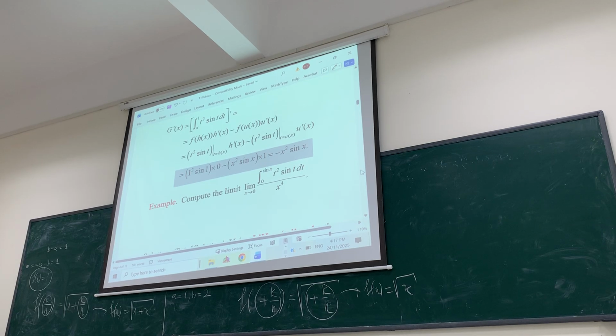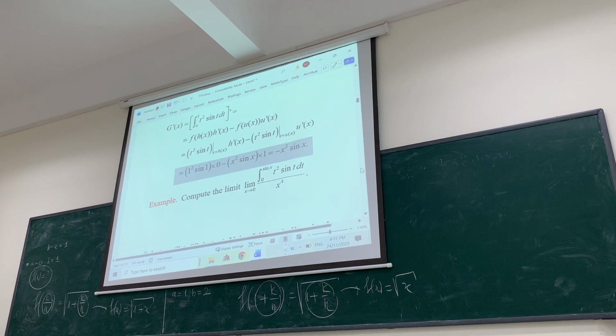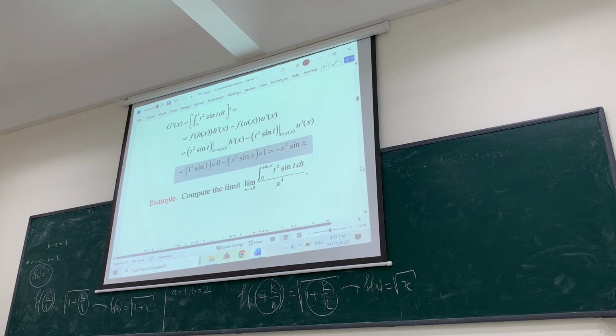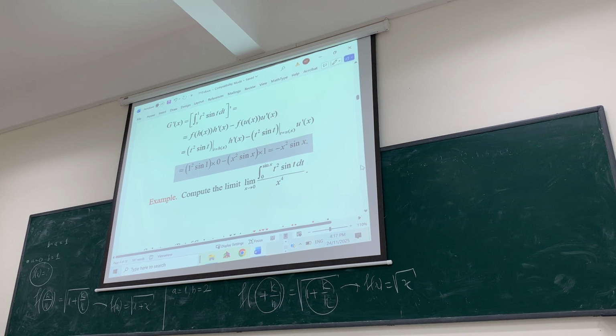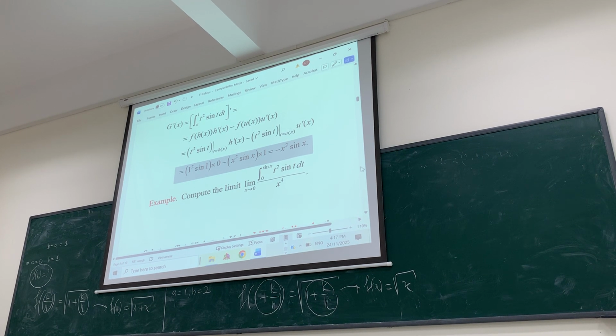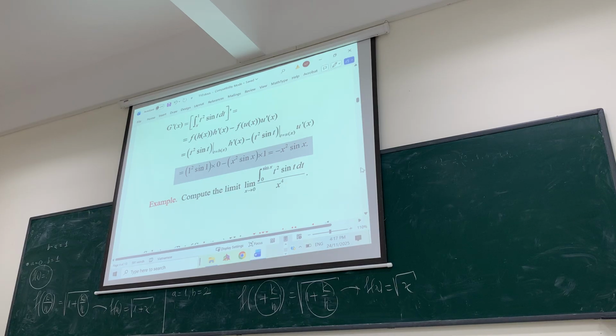So we can apply L'Hôpital's rule for this limit. Of course, if we want to apply L'Hôpital's rule, we need to compute the derivative of the numerator and denominator. Now, find the derivative of the numerator and denominator before you compute the limit.